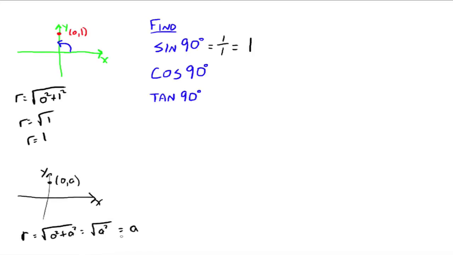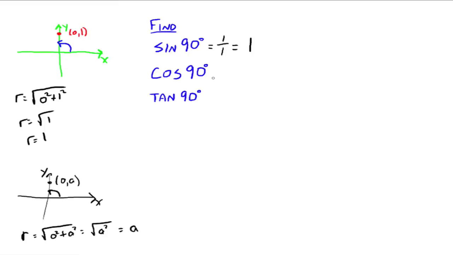So r would be equal to a. And again, this is the angle we're looking at, 90 degrees right here. So when you did the sine of 90 degrees, you would have a divided by a, which goes to 1. Everybody see that? So the sine of 90 degrees is always equal to the number 1.